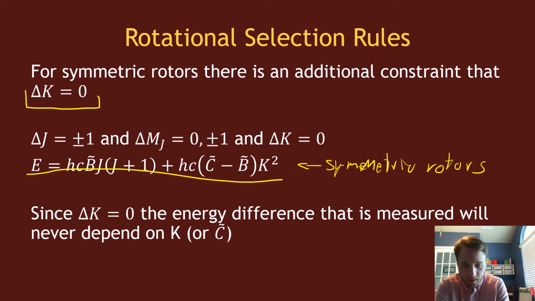The convenient thing is that the energy change between your initial and final state will never depend on K, because K cannot change. Whatever your change in energy is between your initial and final state, this will not depend on K.